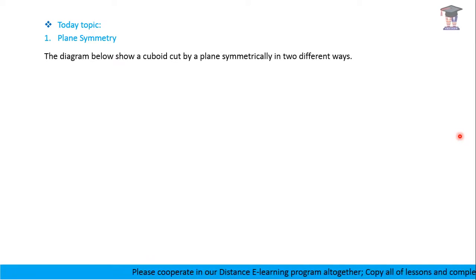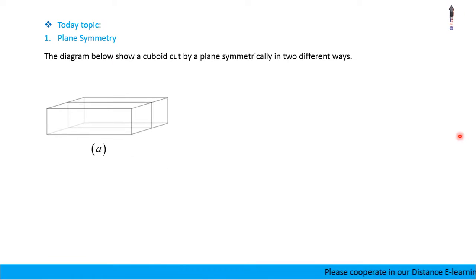The diagram below shows a cuboid cut by a plane symmetrically in 2 different ways. Here, figure A, like you see, this is just the plane which cuts a cuboid in the middle.